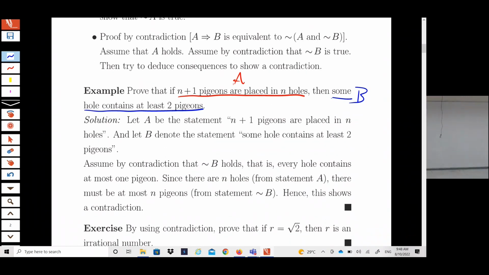Then, because from statement A we know there are n holes, there must be at most n pigeons from statement not B. So it shows the contradiction, because not B means every hole contains at most one pigeon.